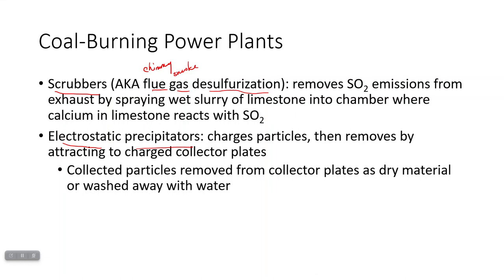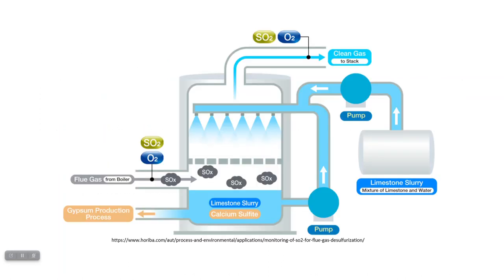Those collected particles can be taken out from the collector plates as either a dry material or they can be washed away with water. If they're washed away with water, that'll make a slurry. If they're collected as dry material, that'll make some sort of powder or substance that then has to be disposed of somewhere. So, this is flue gas desulfurization or scrubbing.